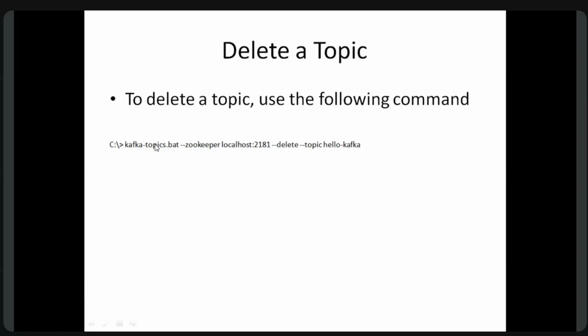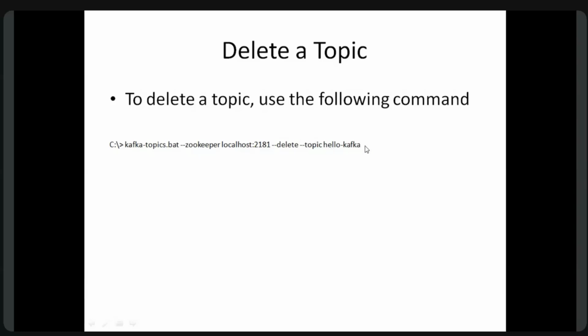Again, the main command remains the same. Command name is Kafka topics, and you give the option delete. Obviously zookeeper localhost 2181 will work for the older version, and bootstrap server localhost 9092 for the newer version. After that, you give the topic option and the topic name.